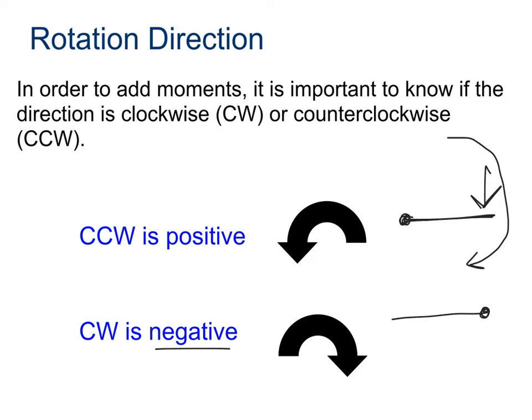If I have the force pushing down over here and that force is causing this to go counterclockwise, opposite of a clock, then it is a positive force. So counterclockwise is positive, clockwise is negative. That will be really important when we're solving for our trusses.